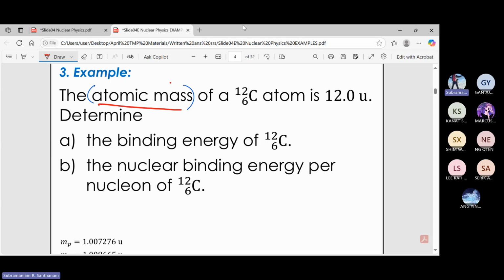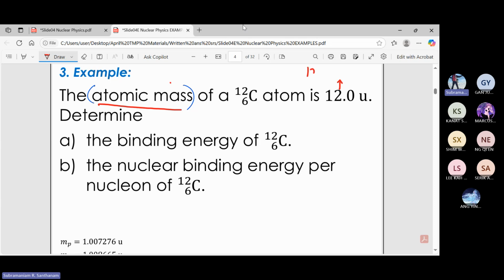So how do you work that? Binding energy for carbon 12. What is given is the atomic mass 12.0 u. So you need to find the mass.